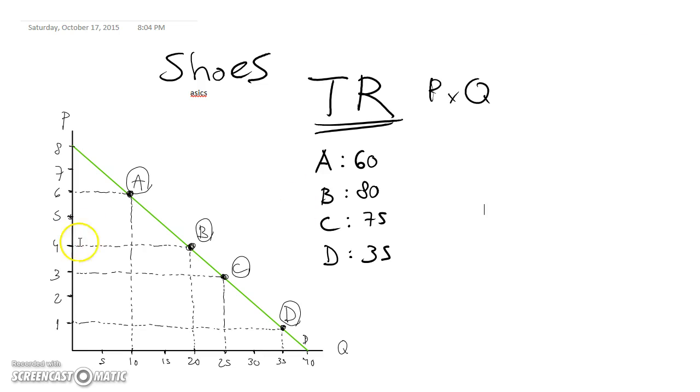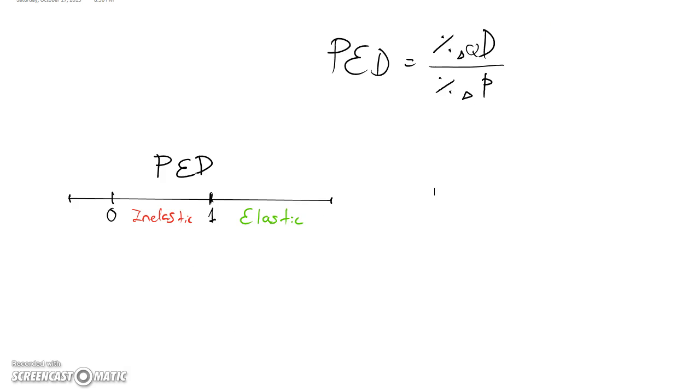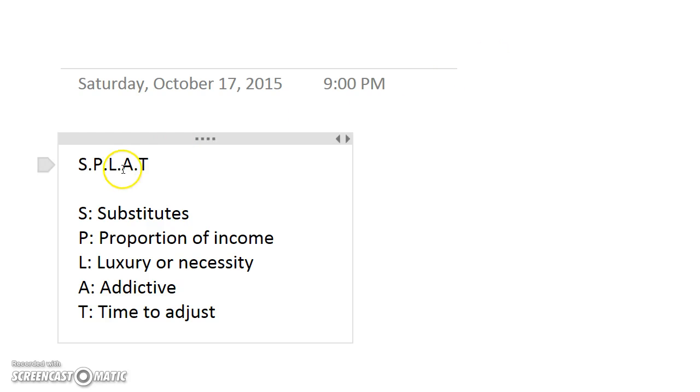So when we observe the graph, we can see how the unit elastic point also has the highest revenue. Therefore, we can conclude that the closer the PED gets to 1, the higher the total revenue is going to be.